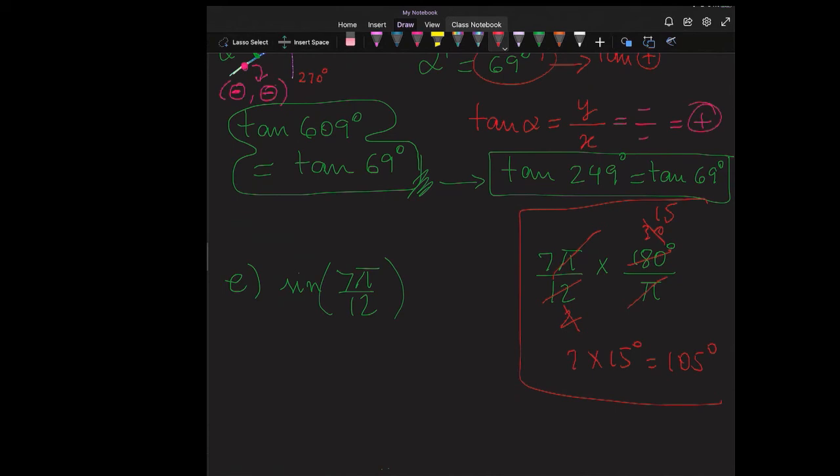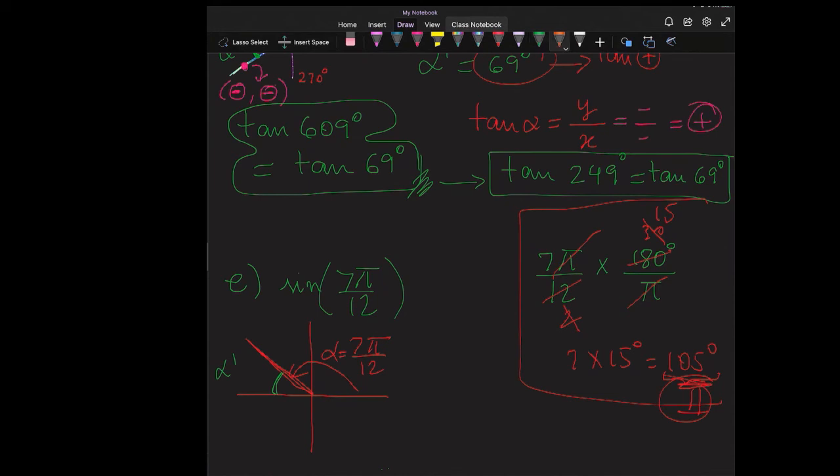I just need to write sine of 7 pi over 12 using the reference angle, which also should be in radians, not in degrees. So the terminal side is going to be in the second quadrant. Somewhere in the second quadrant, I have the terminal side of 7 pi over 12. I need this measure here. If this is alpha for me, my angle, alpha prime is going to be 180, which is pi in radians.